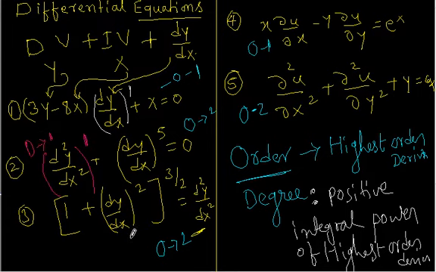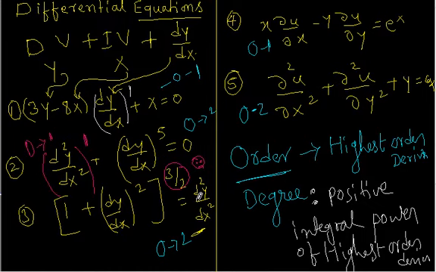Now come to differential equation 3. Here we can see a rational number. If we have a rational number, we should make it a positive integer. What I mean is, a differential equation should have the power of dy by dx or d square y by dx square as 1, 2, 3, and we should not have 3 over 2.